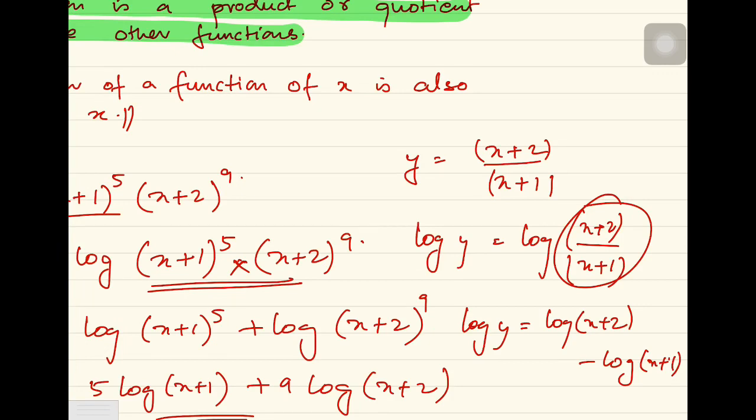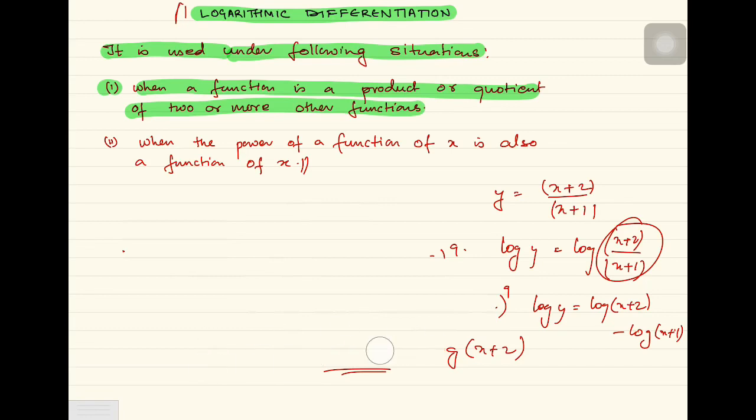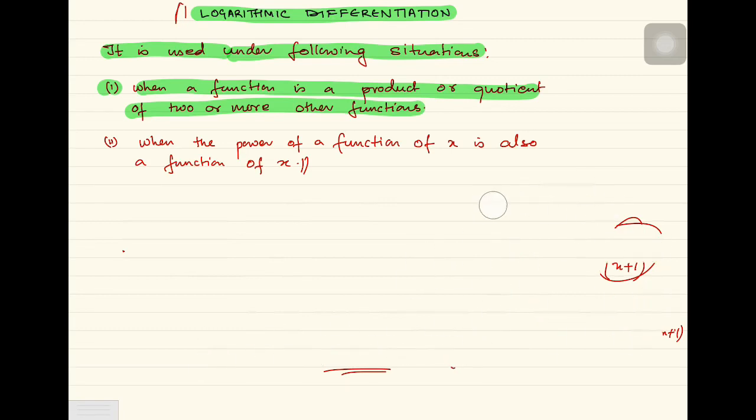So you may not use this for simple quotient and product rule. We also have quotient rule and product rule for differentiating functions. But if the quotient and product is quite long and quite complicated, then you may use it.